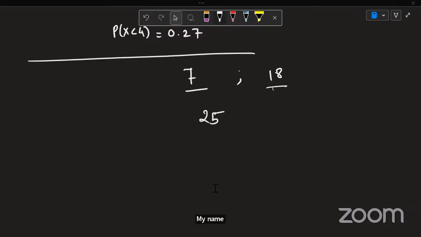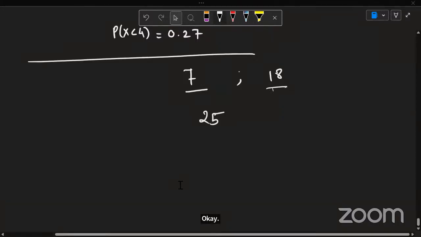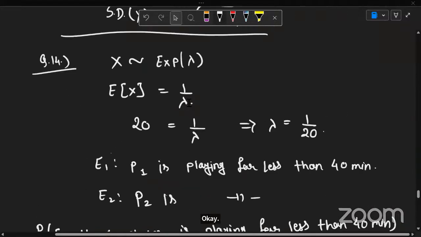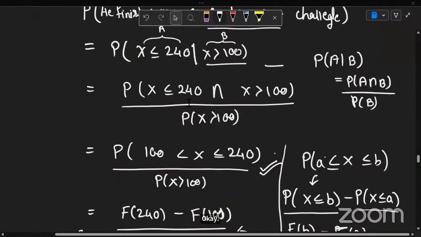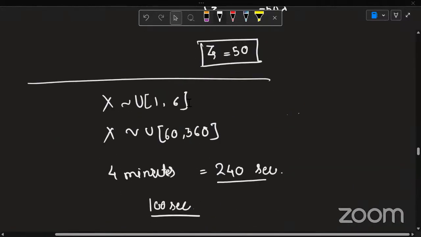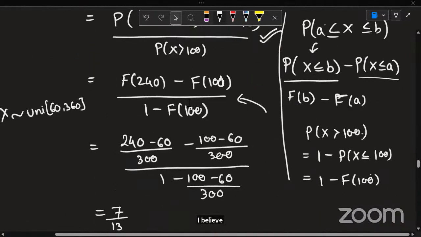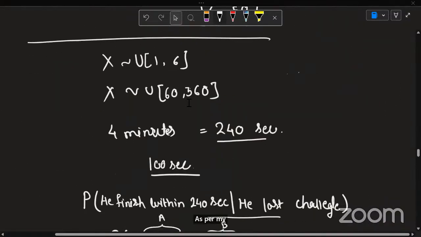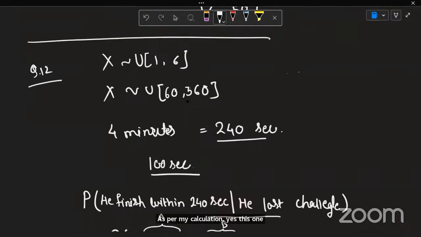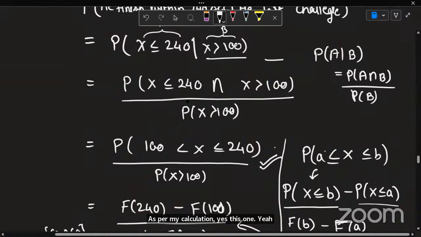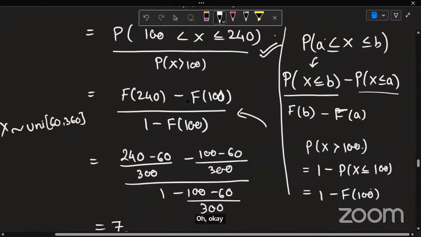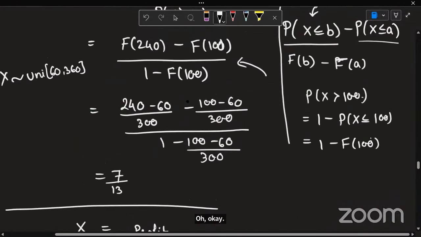Ma'am, I have a doubt in question number 12. The equation which we found in the last calculation, I think it might not give the right answer. The last portion, the equation with the 100 and the 60.